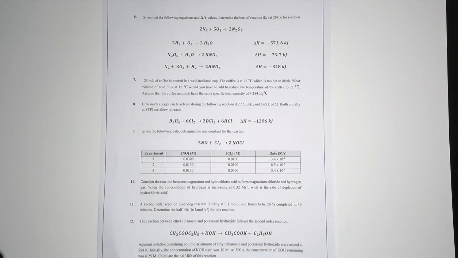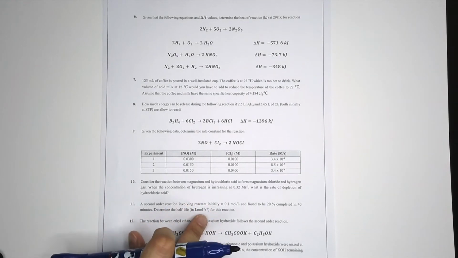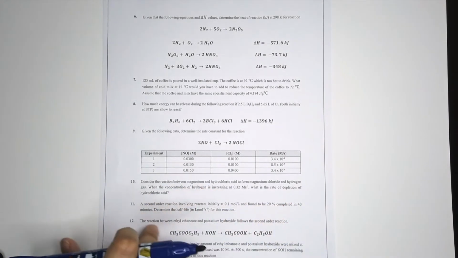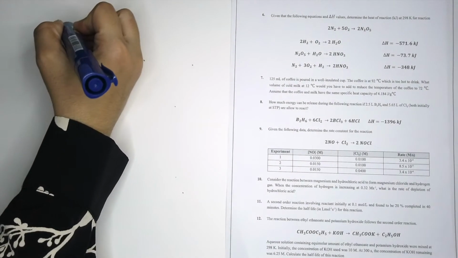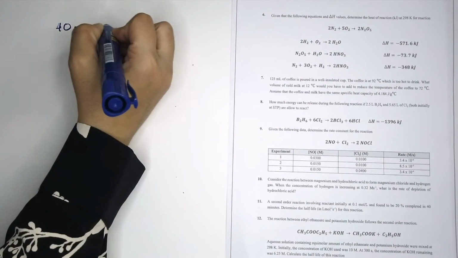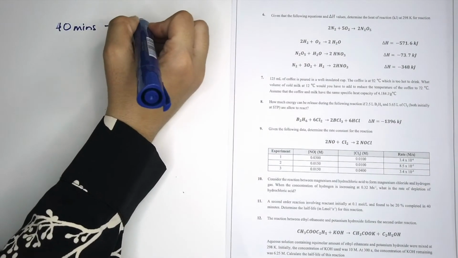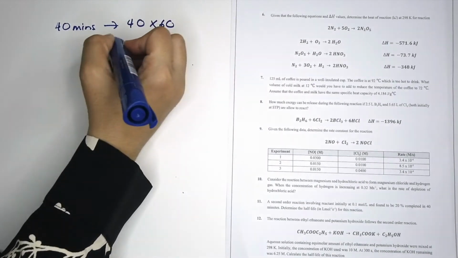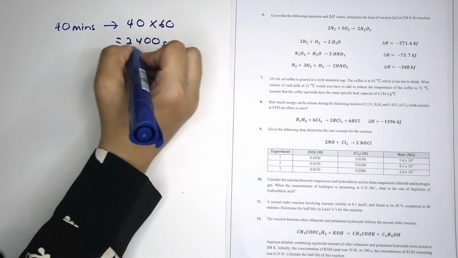Since you were asked to calculate in seconds, the 40 minutes needs to be converted to seconds. 1 minute is 60 seconds, times 40, so you should get 2400 seconds.